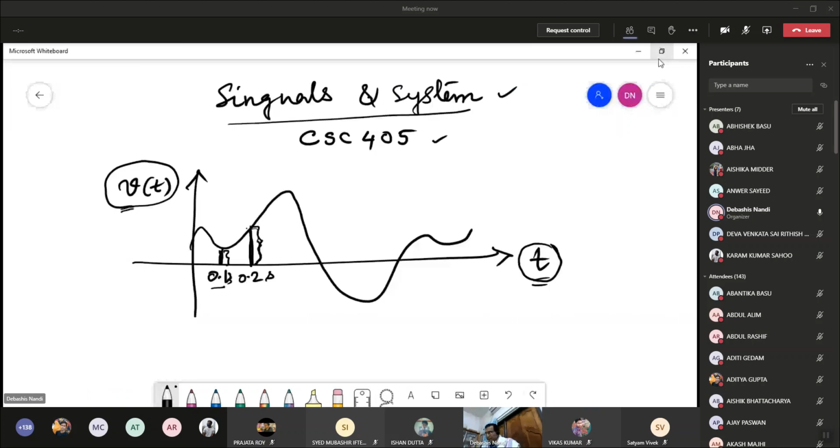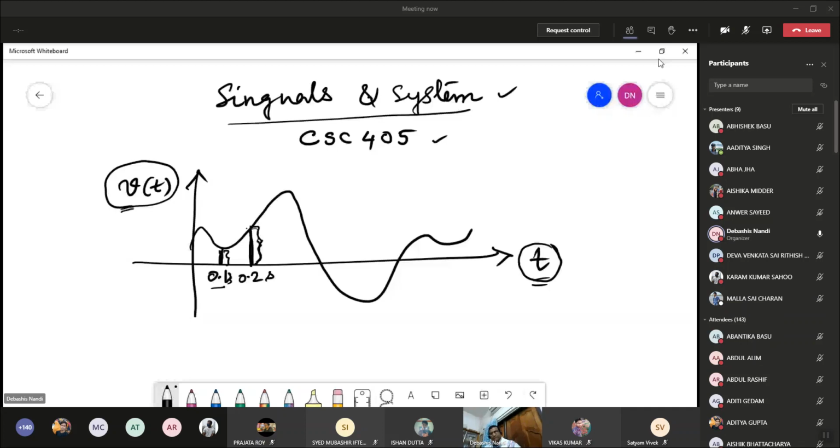And this signal should always be a single-valued signal. Whatever we will discuss in this course, the signal will be single-valued. Single-valued means for each and every time instant, it is possible to get only one value of the dependent variable Vt.